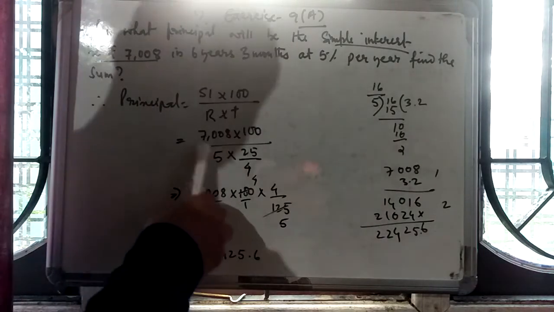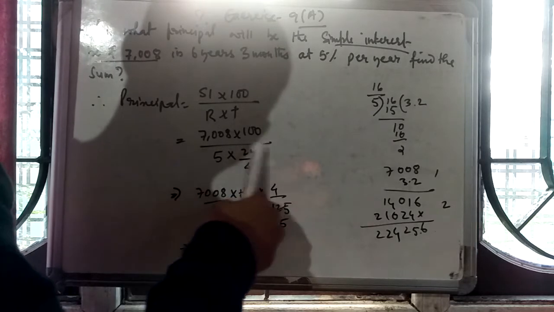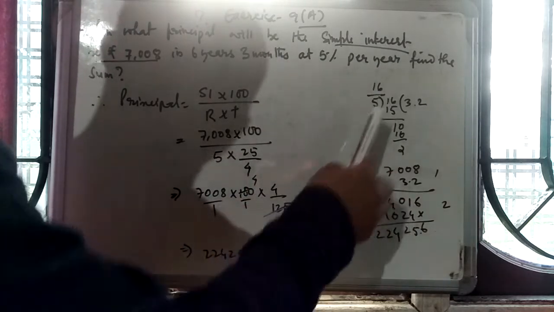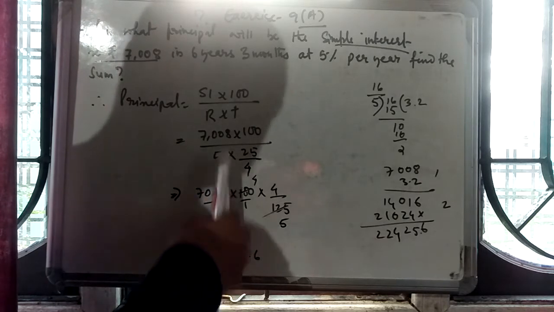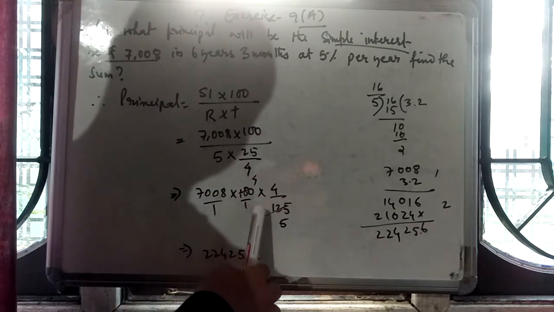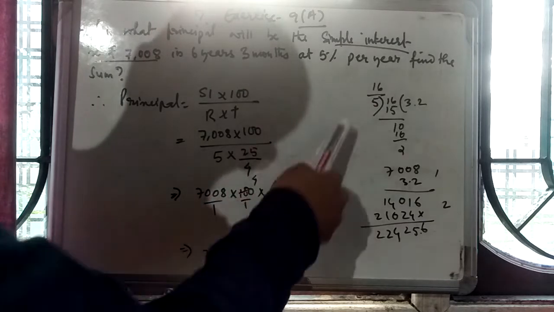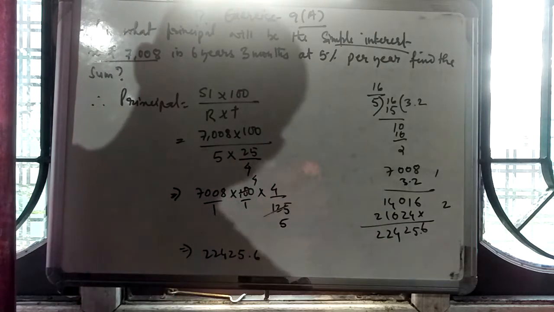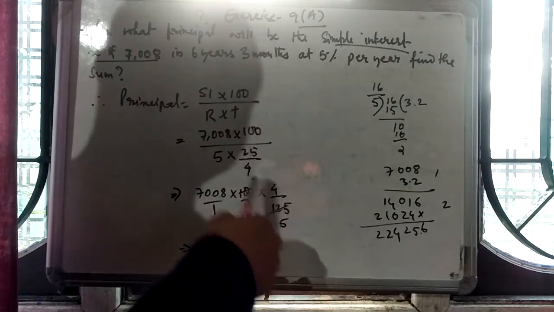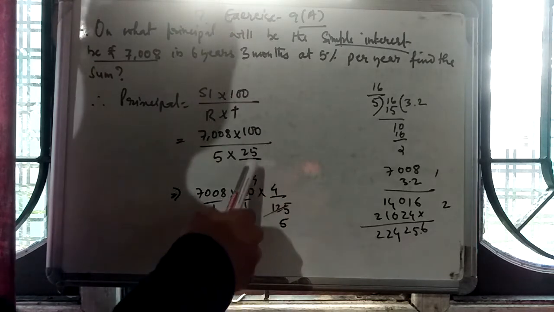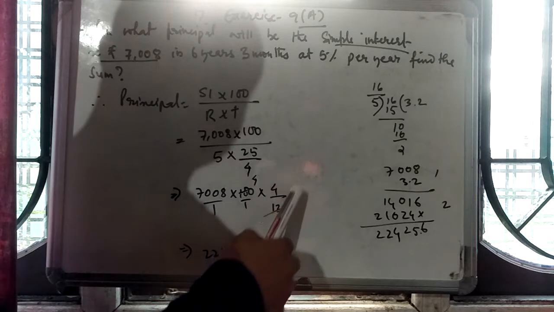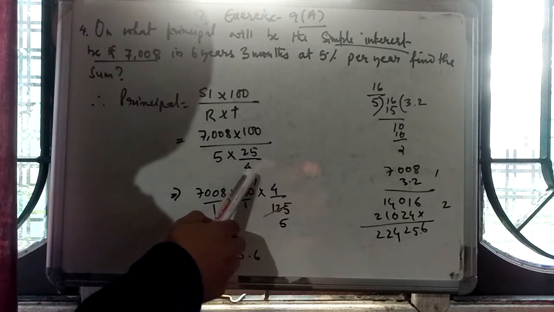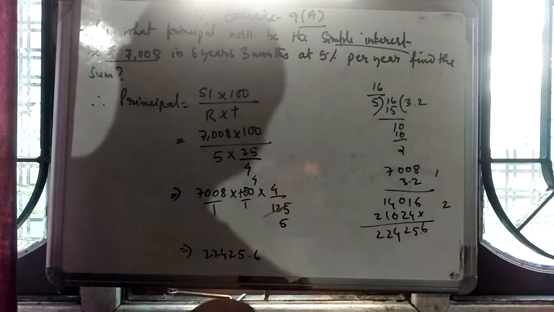Now as usual, we convert this fraction and division into normal form. So 7008 into 100, and when the denominator goes to the upper side, it reverses: the 5 into 25 that was in the denominator converts into the numerator, and the numerator 4 goes to the denominator. They reverse their places.